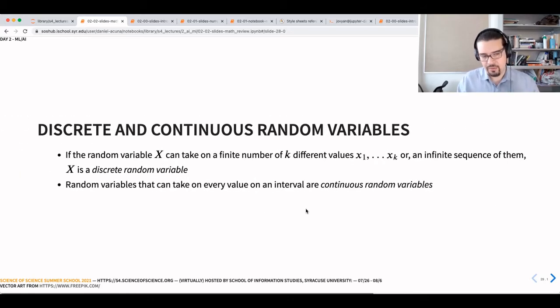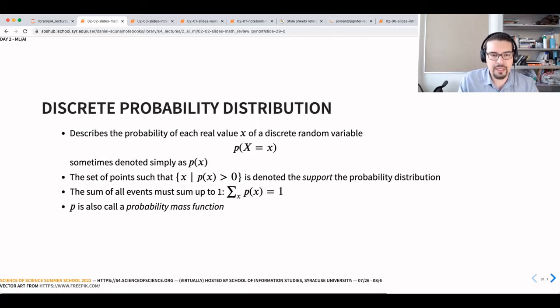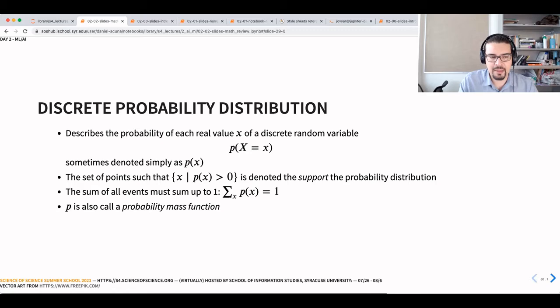Okay, so there are two kinds of random variables: discrete random variables and continuous random variables. As you might guess, discrete random variables represent events that can happen in a certain set that you can count. So you have a countable number of events that you can index, and you can assign a probability to each of them. The constraint of probability is that if you sum all possible countable events, you will get 1.